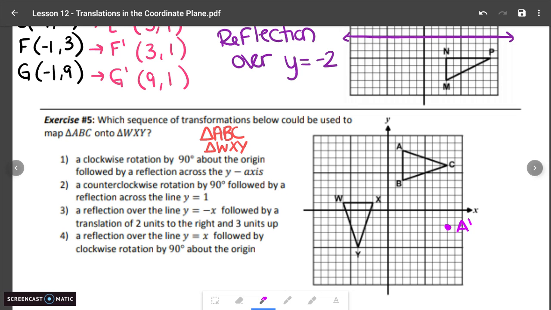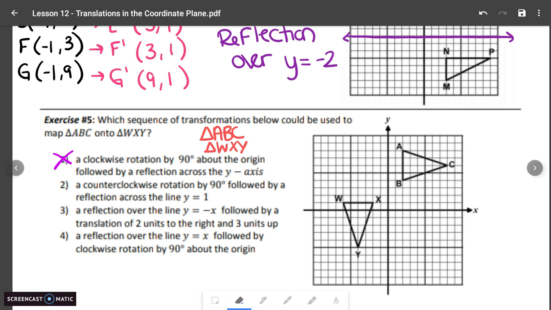B prime, B here, and C prime would be about here. So if I rotate that, the problem is if I just do a single reflection across the y-axis, that's not going to map these onto each other. It definitely can't be one.